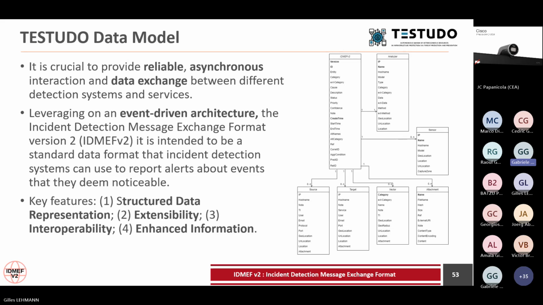This is exactly IDMEFv2. And it is crucial, of course, because we need to have asynchronous and reliable interaction and data exchange between the different systems. Leveraging an event-driven architecture, IDMEFv2 is going to be a sort of standard data format that incident detection systems can use to report alerts when events are detected.